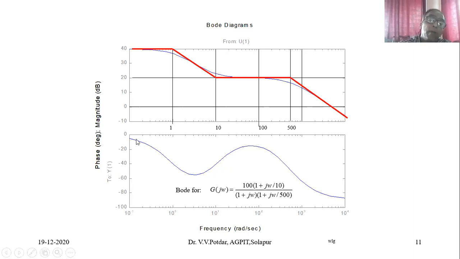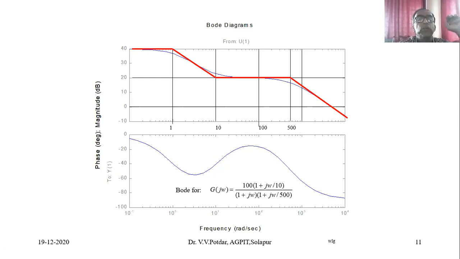Similarly, wherever my phase angle crosses my 0 degree line, it is just beyond this paper, right? Wherever it crosses the 0 degree line is called the phase crossover frequency. The frequency at which the phase angle plot crosses the 0 degree angle is called the phase crossover frequency, omega suffix p radian per second.